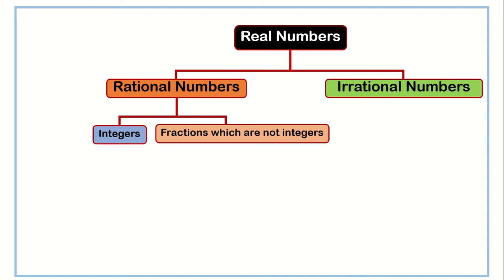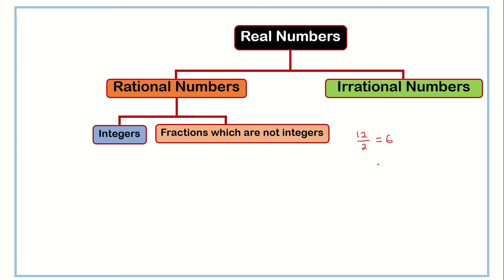Okay? So you need to be careful here. When you talk about fractions which are not integers, look, for example, if we have a fraction like 12 divided by 2, we say that this fraction is an integer simply because we will get 6, and we know that 6 is an integer.